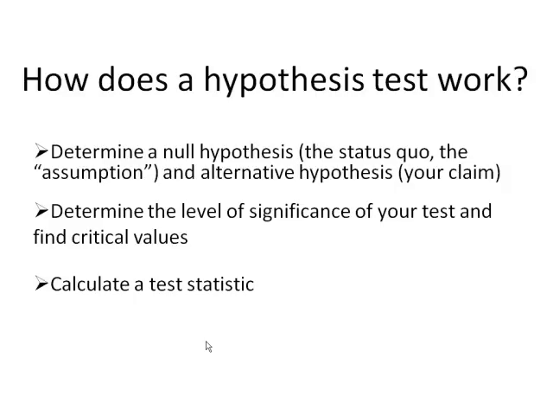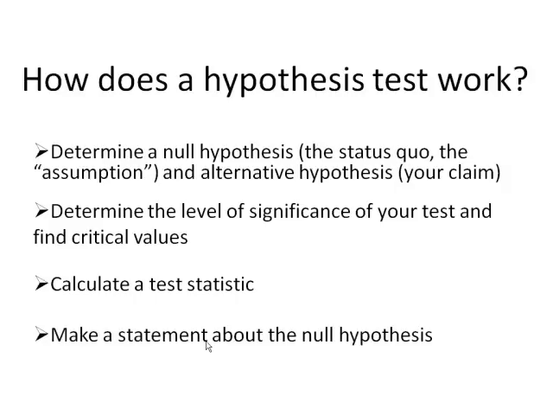And if it's very high or very low, that would be a test statistic that would lead us to reject a null hypothesis. And the last thing we do is we make some statement about the null hypothesis. We either reject it or we fail to reject it. And there's some statement that can be made.